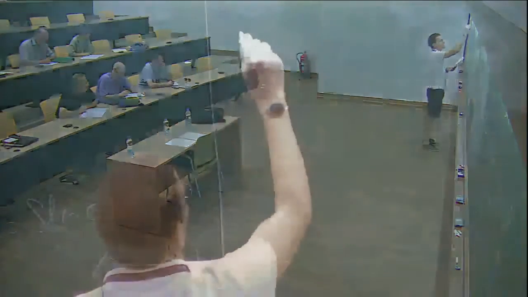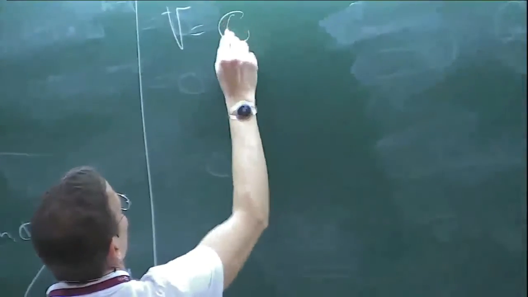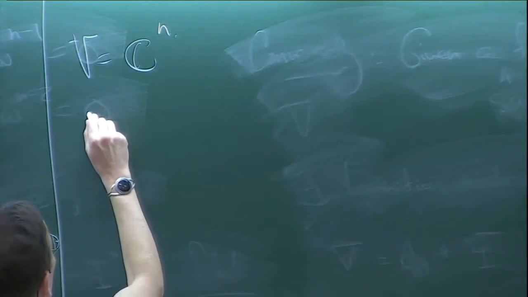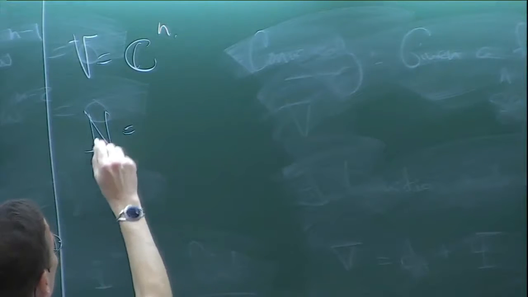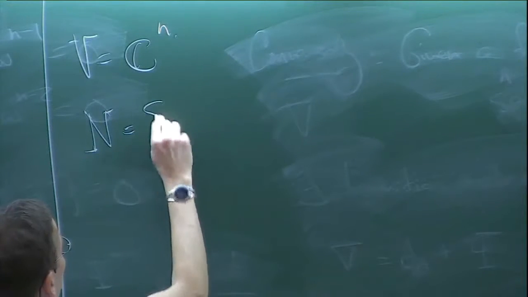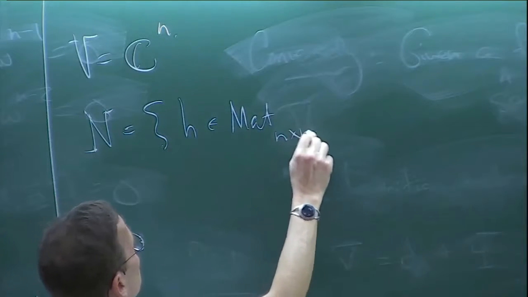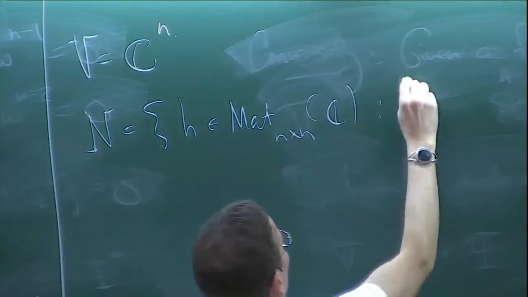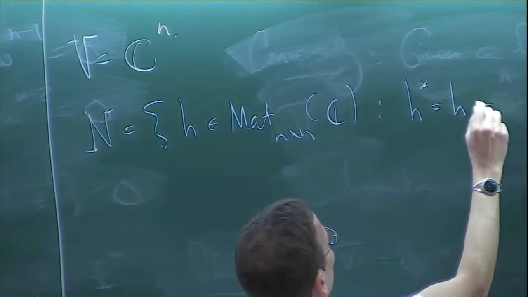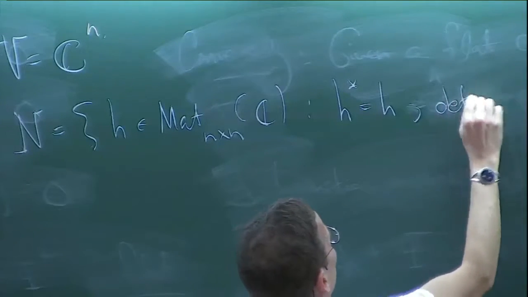So for convenience, V is going to be my C^n with the natural action of SL(n,C) on it. And then I'm going to take a realization of the symmetric space in terms of Hermitian matrices. So these are just n by n matrices that are Hermitian with determinant 1.